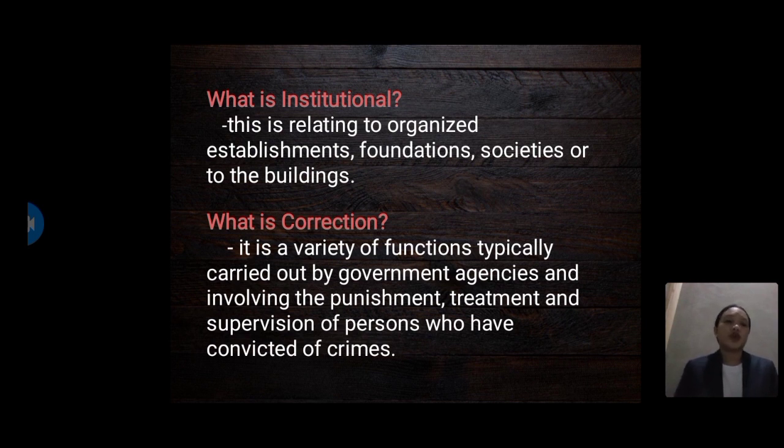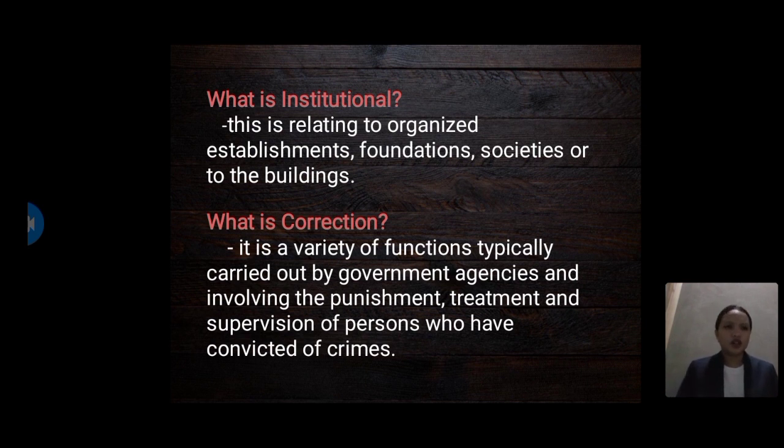And what is correction? It is a variety of functions typically carried out by government agencies and involving the punishment, treatment, and supervision of persons who have been convicted of crime. Examples for this are jail or prison and rehabilitation center.